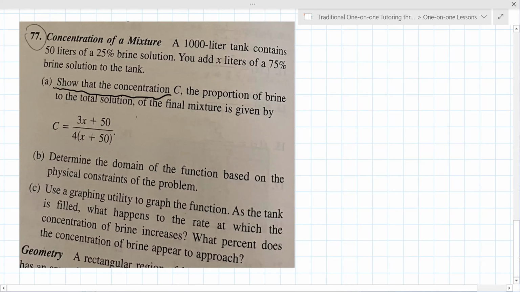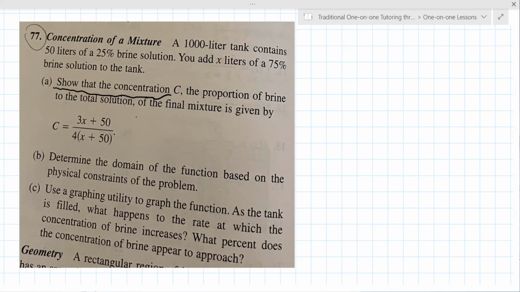So the 1,000-liter tank contains 50 liters of a 0.25% brine solution. You add X liters of a 0.75% brine solution to the tank.